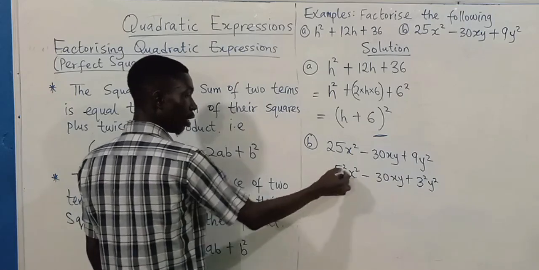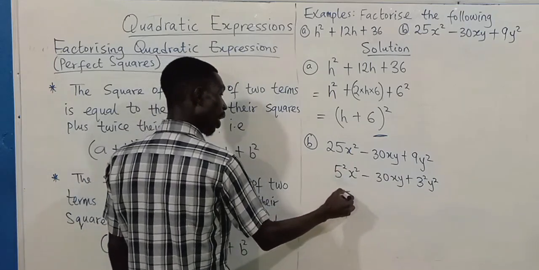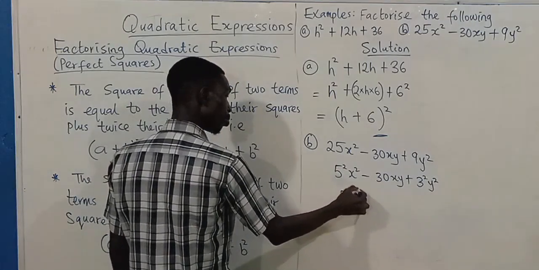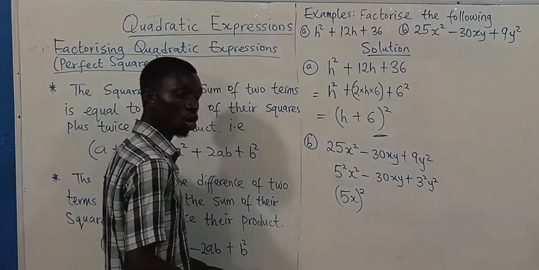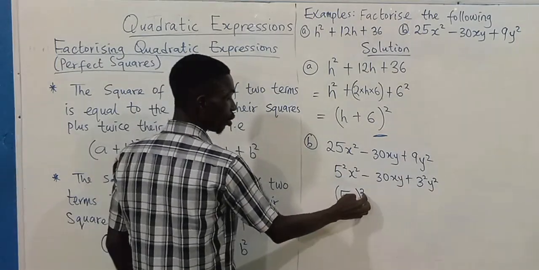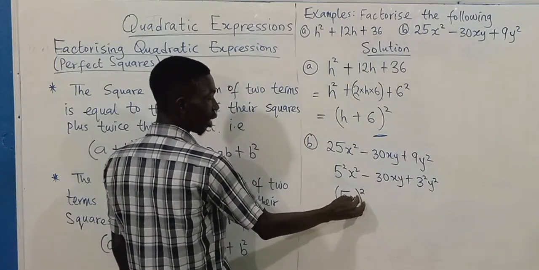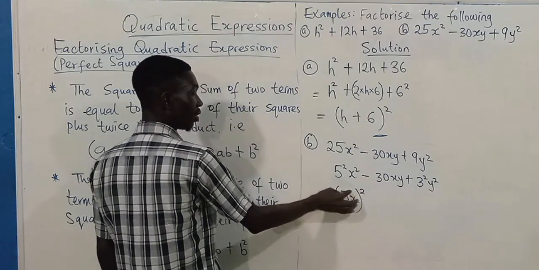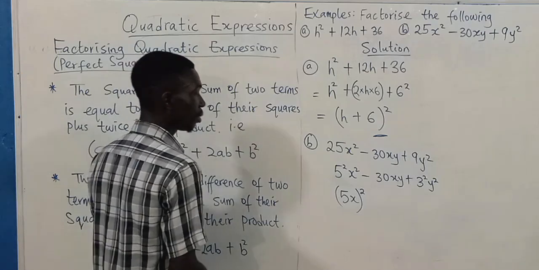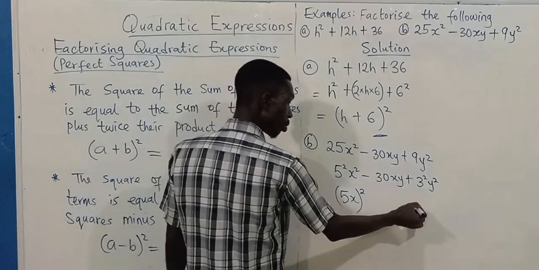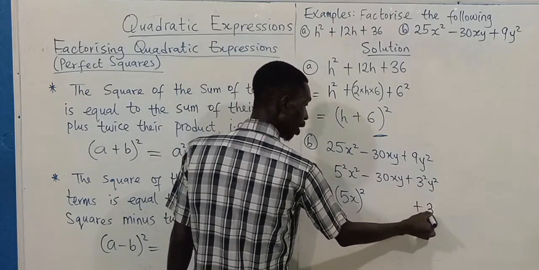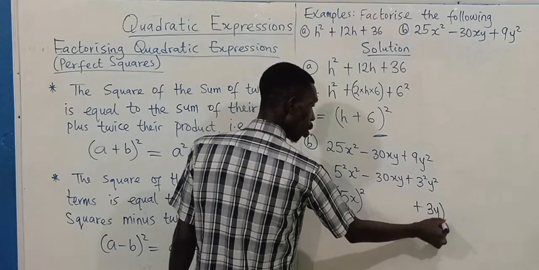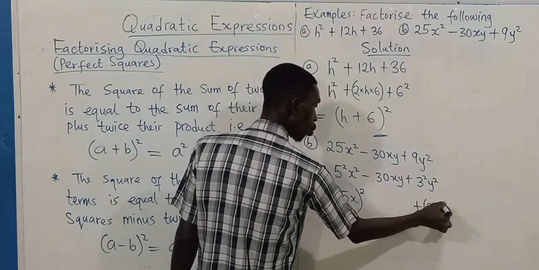Then in indices we can write this as 5x all squared in indices, so that the square is affecting x and it's affecting 5. And we can write this as 3y all squared.